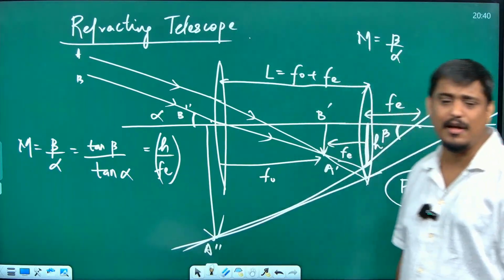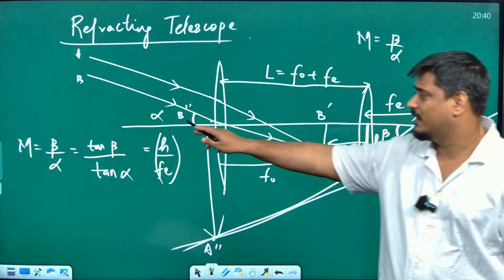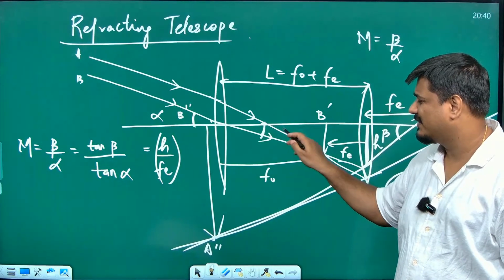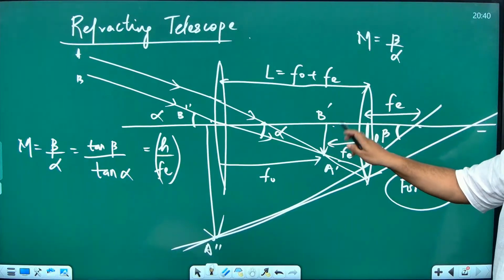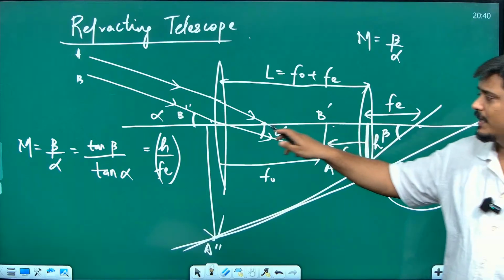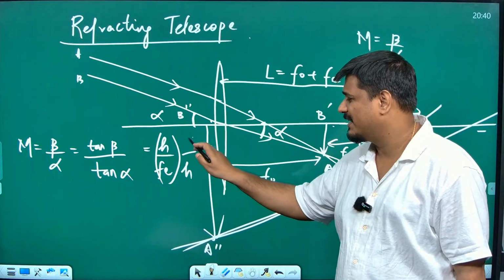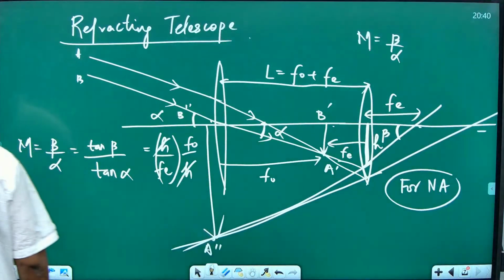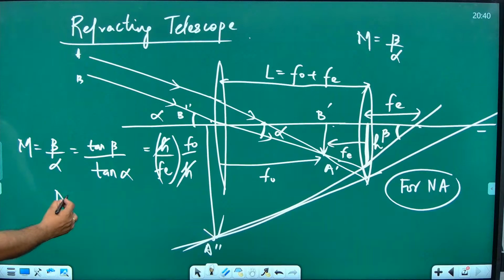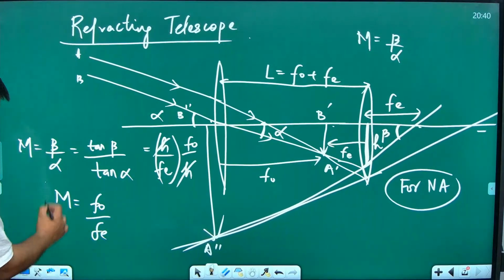And what is tan alpha? This angle also will become alpha. If this angle becomes alpha, in this triangle, once again, H by FO. So it will be H by FO. H gets cancelled. You will get magnification as FO by FE.